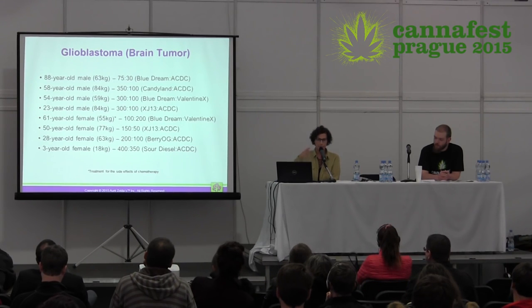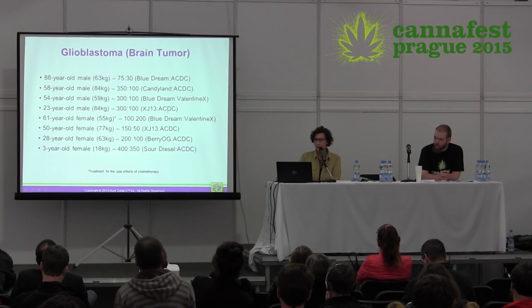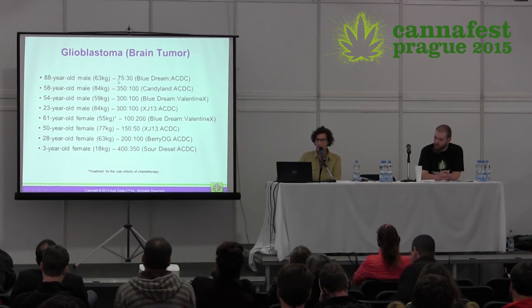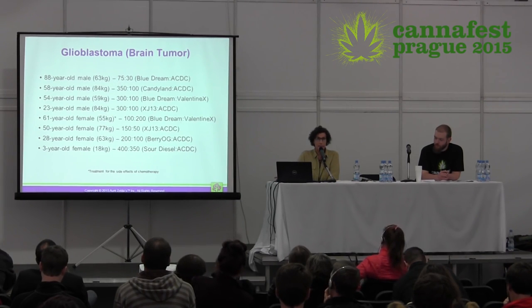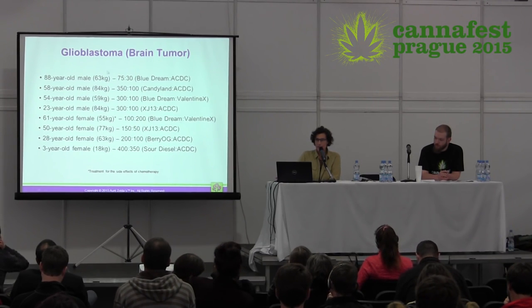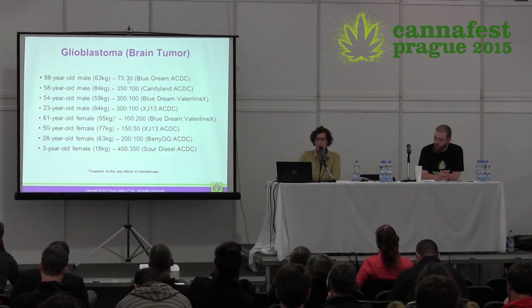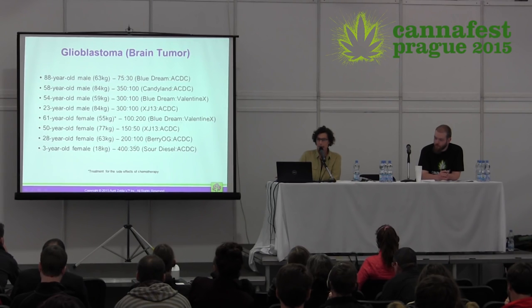So we try to get people to standardize by always saying THC first. Without going through all of these, getting up to an 88-year-old man who was successful in treating and eliminating any signs of his glioblastoma with just 75 milligrams of THC and 30 milligrams of CBD a day, as you can see, there's quite a significant difference in what happens based on the strains and on the ages.